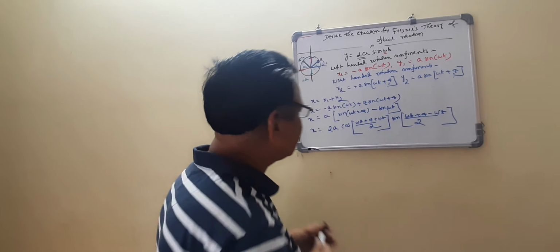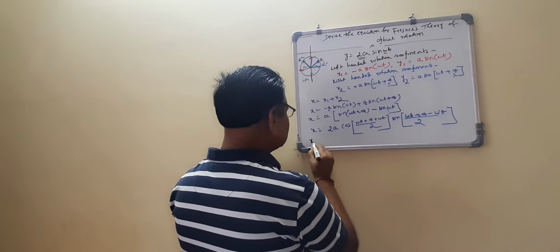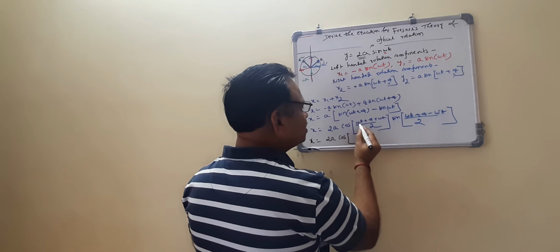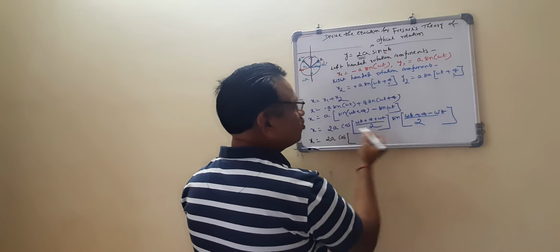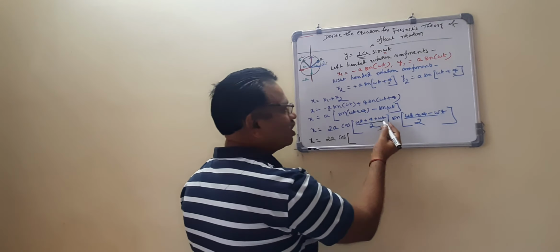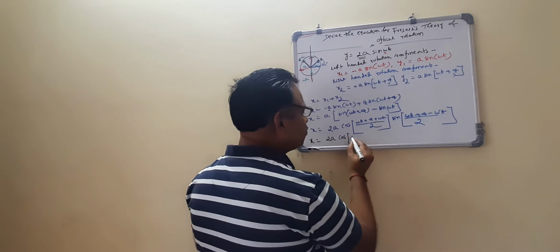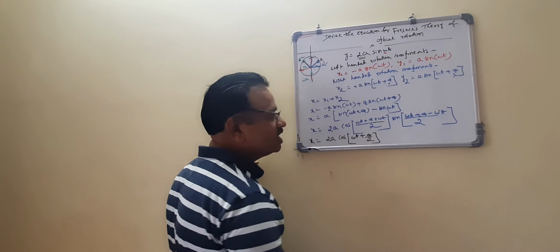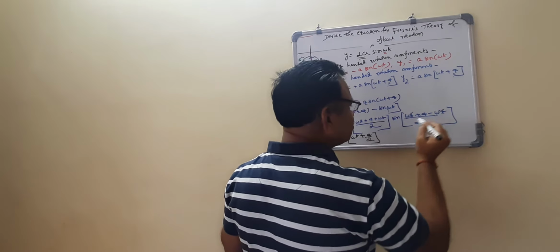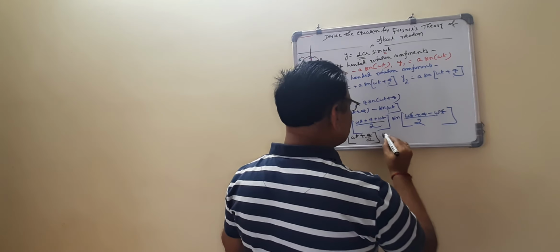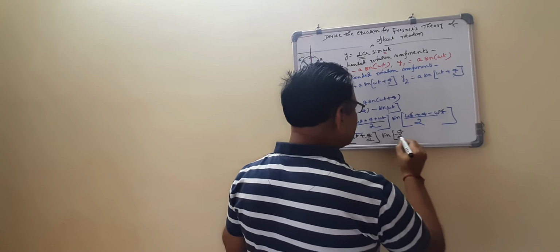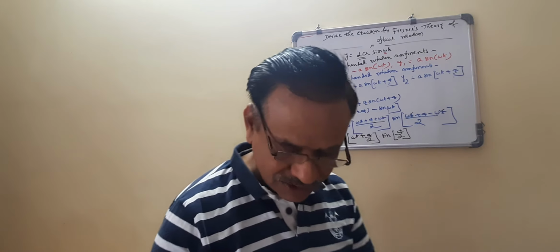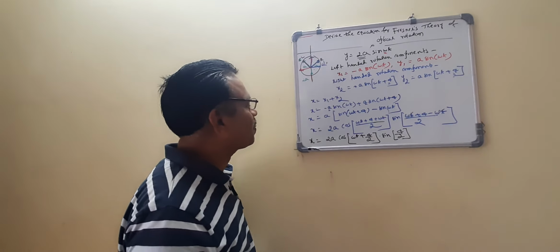Here, which factors get cancelled? x equal to 2a cos of omega t plus omega t equal to 2 omega t divided by 2, nothing but omega t, plus phi by 2. And this omega t gets cancelled into sine of phi divided by 2. This is the value of x here. I think you understood this.